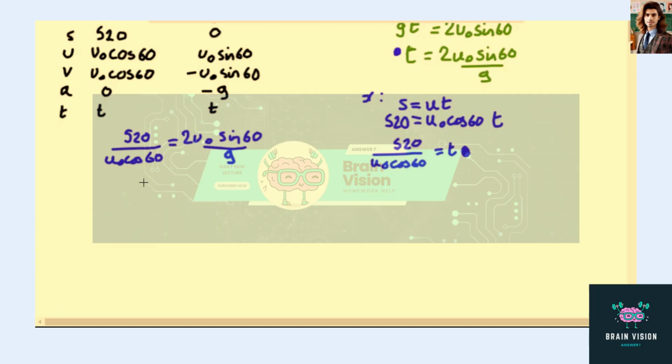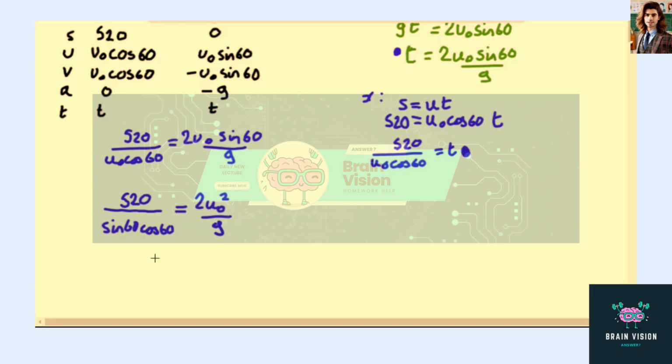We bring our u0 up and take our trigonometric terms down, leaving sine 60 cosine 60 on the bottom of this fraction, and that's equal to 2 u0 squared divided by g.